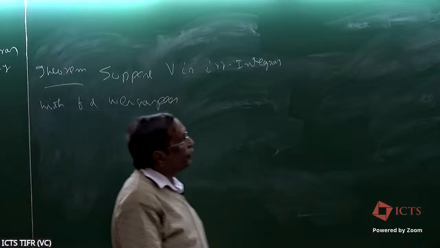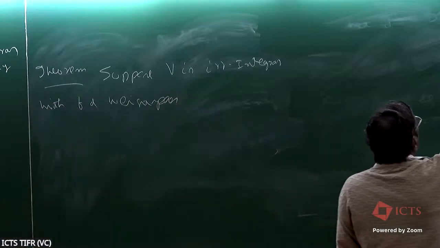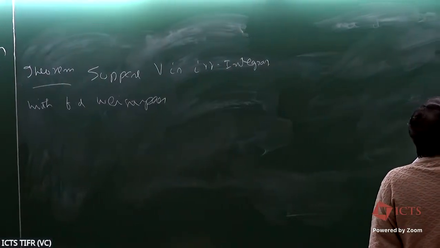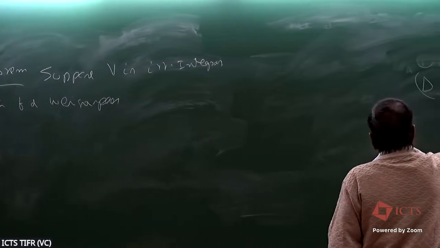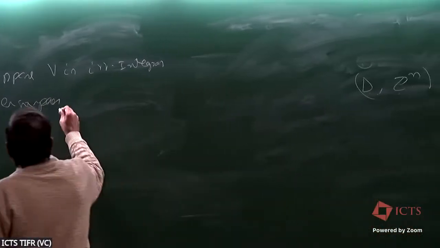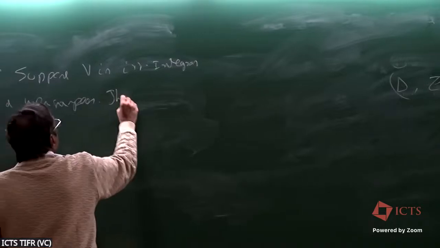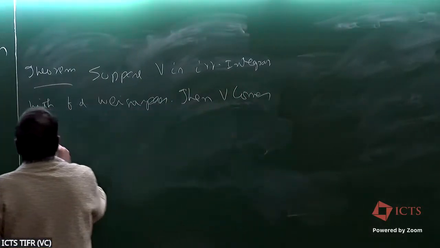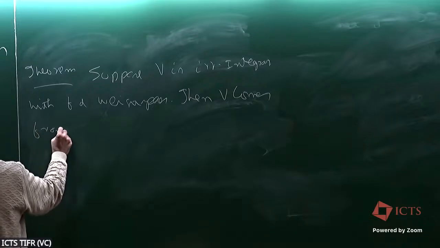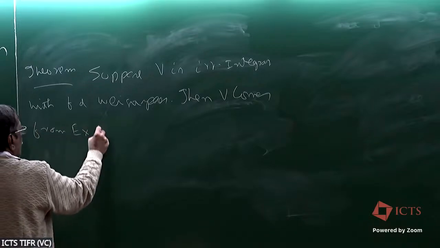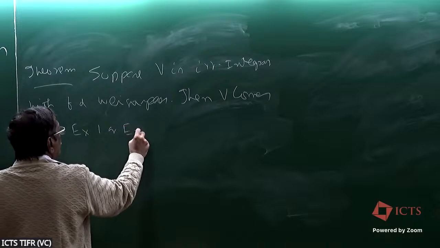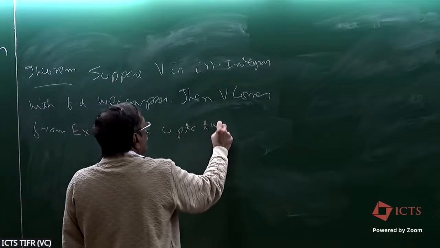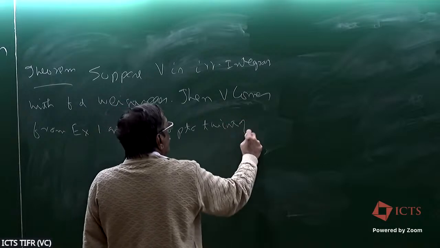Finite weight spaces means your g tensor A is one way it's graded by lambda and also graded, the gradation is this, delta in both. Then V comes from example 1 or example 2 up to twist of GL_n(Z).